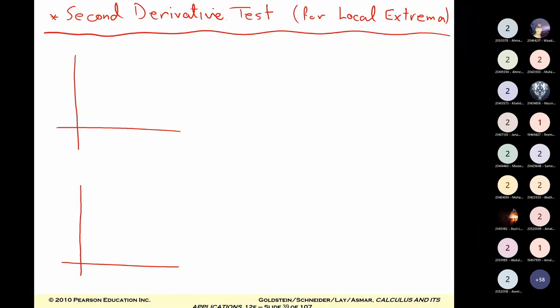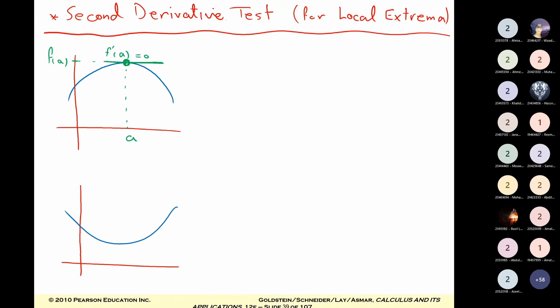Now, look at this curve. Here we have two curves. In the first curve, we have a local maximum at A and f(A). Look at this point. We have a horizontal tangent line. This means f prime of A equals 0.